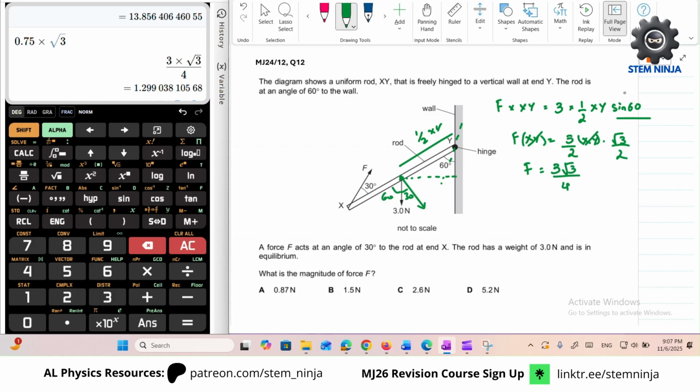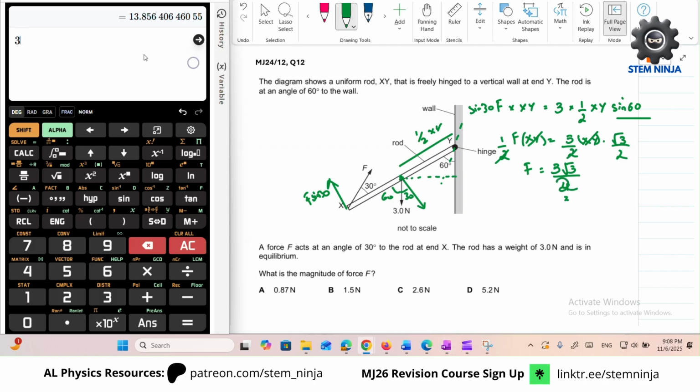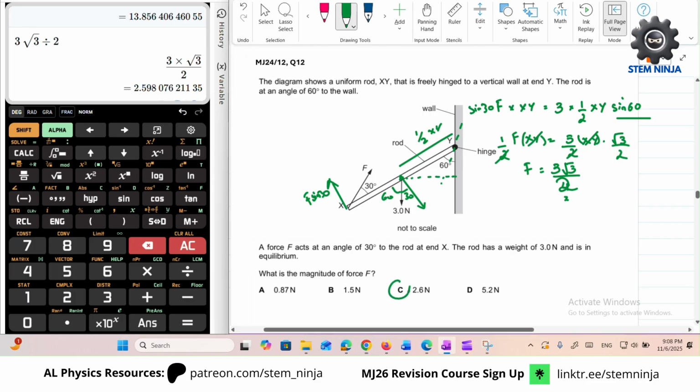Either way, 3 sine would be the same. So we could do F sine 30. This would have another 2 over here. This will cancel out, so you will have 3 root 3 divided by 2, 2.5. Sorry, my bad, I forgot one over here.